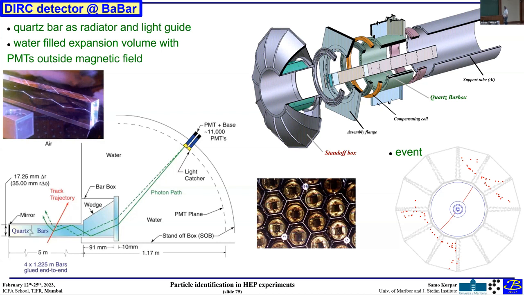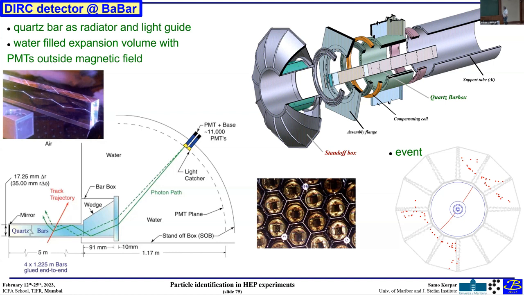So the quartz is used as a radiator, but also as a light guide. At the end, this exits out and keeps the angular information, because they are a really well rectangular shape. And this produces basically the sort of rings. It's not really a ring, but a shape that you can predict and use your likelihood to discriminate between pions and kaons.